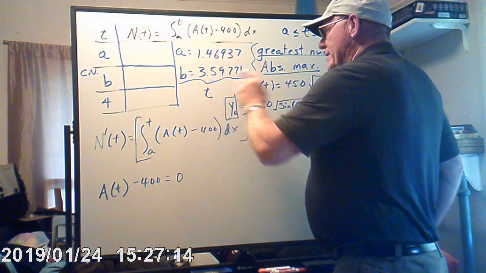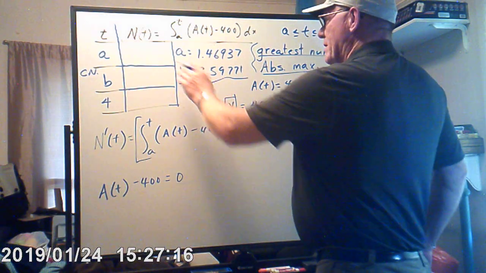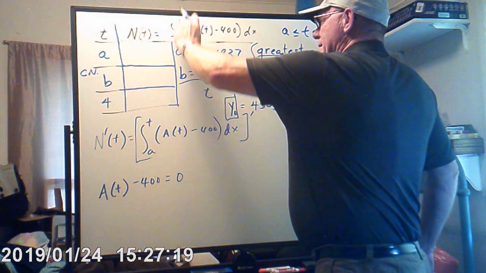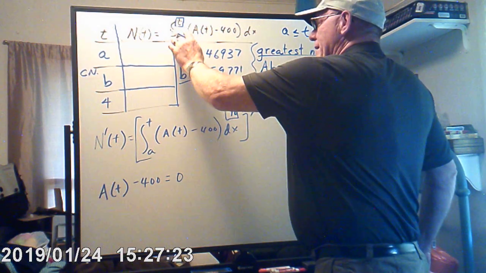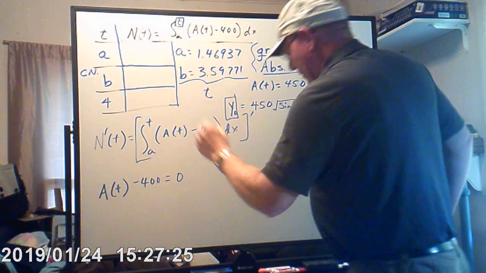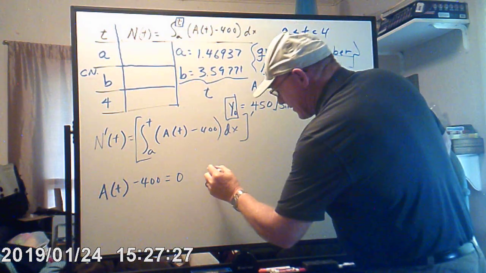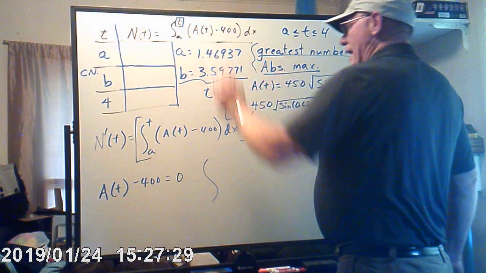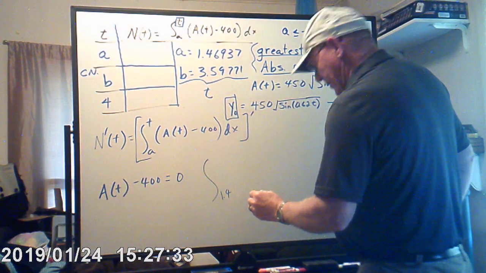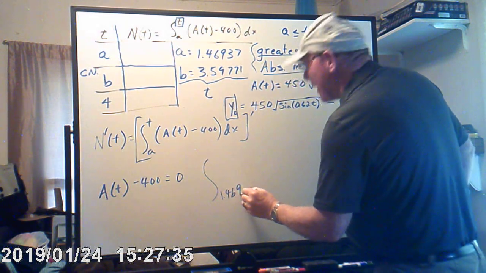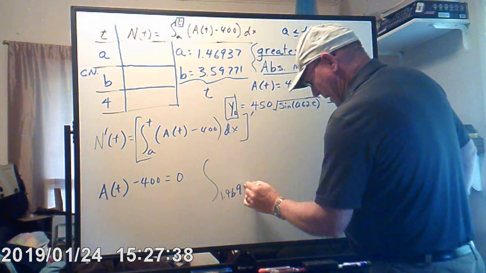Now that I have these numbers here, I can start to plug in in place of t right here. So A happens to be 1.466937.